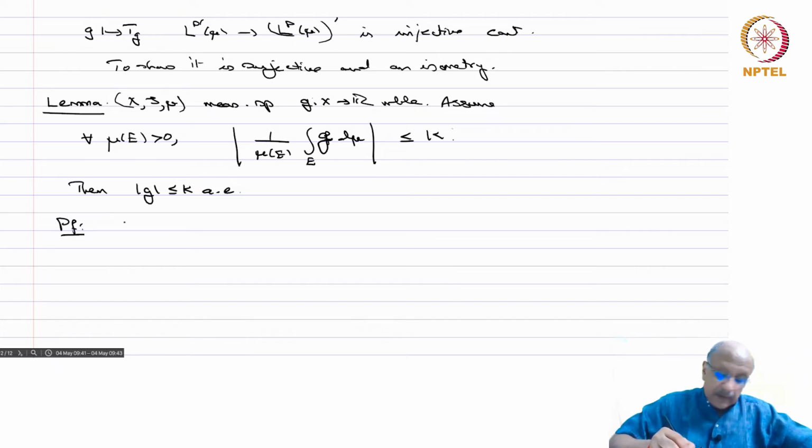Let U equal the set of all t in R such that mod t is greater than K. So this is an open set.